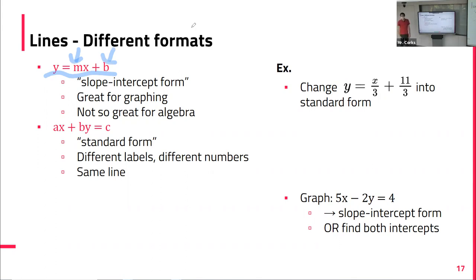It's very nice for graphing, very handy, but when we're doing just general algebra stuff, it's maybe not quite so useful. For other situations, we tend to have a different form, which is this one. So standard form, where we have all of our variables on one side and then the constant on the other side. So please note that we have different labels here.